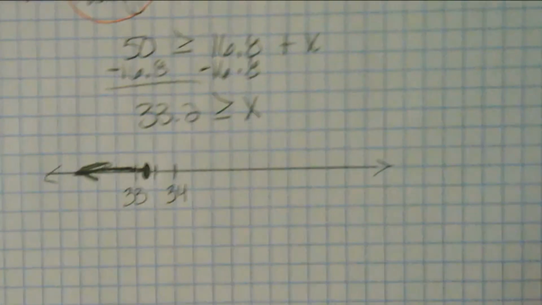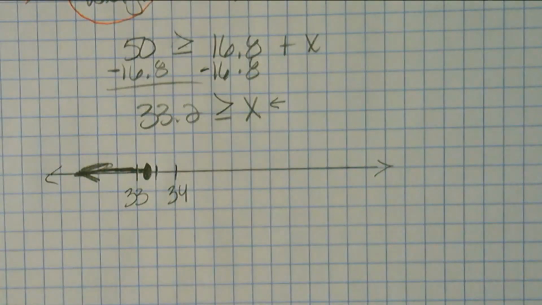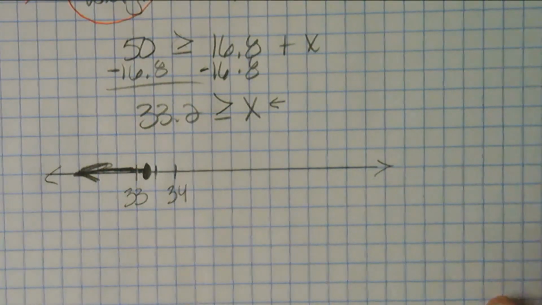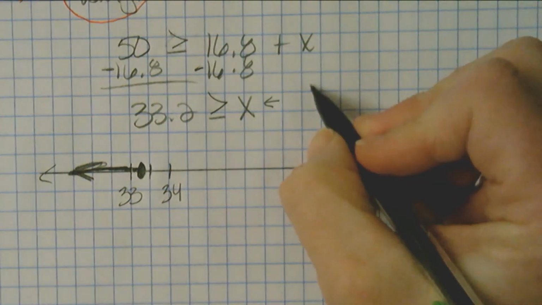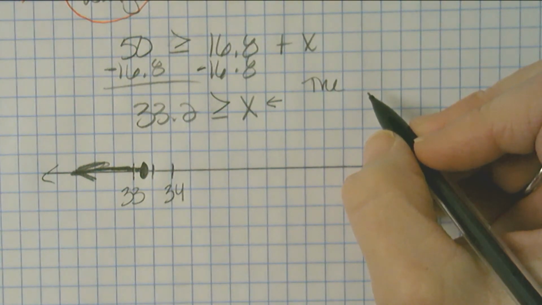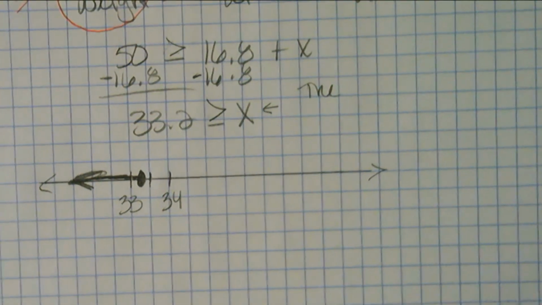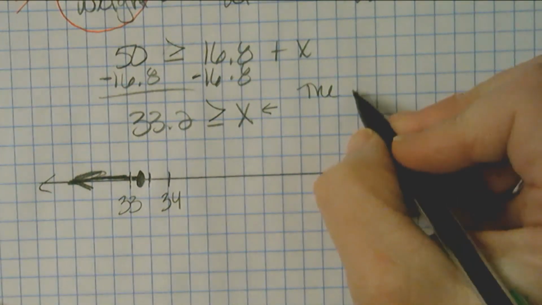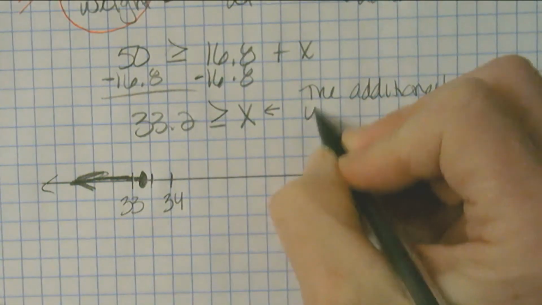Somebody explain what my answer means. Remember, you have to have a sentence that goes with this. What does my answer actually mean? Joseph? No, that's not what it means. Yep, the additional weight. Say it again.